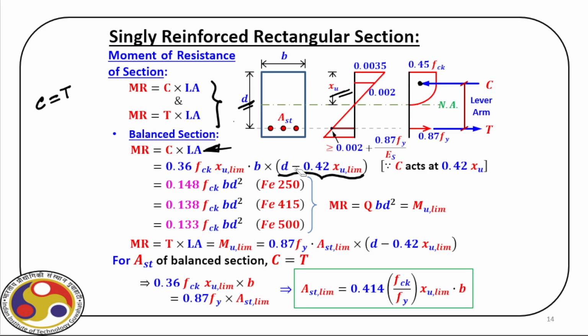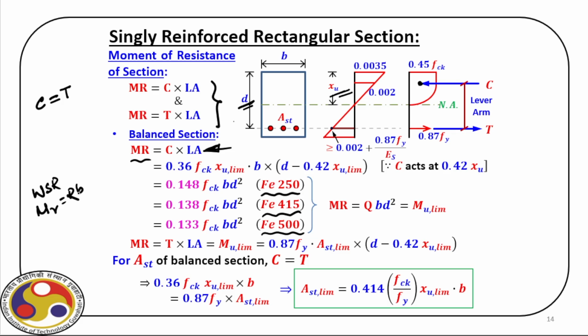Now, if we simplify this expression, we can actually figure out the moment of resistance for different grades of steel. As you can see here, 0.148 fck bd square. Recall, in case of working stress method, this MR was what?